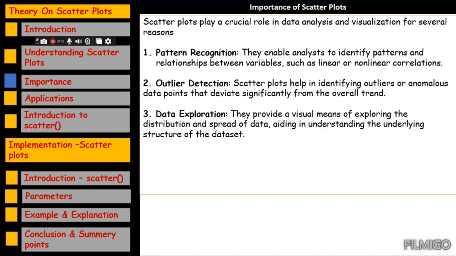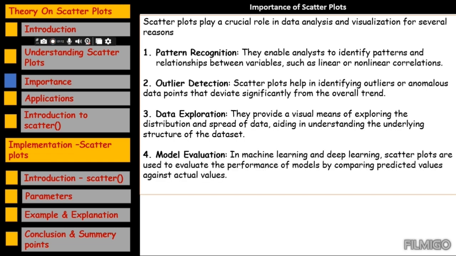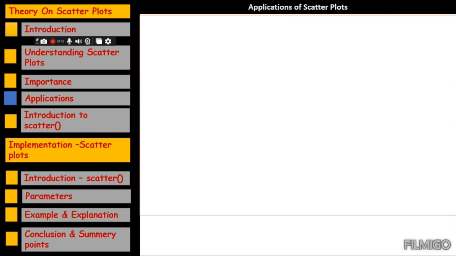Data exploration: they provide a visual means of exploring the distribution and spread of data, aiding in understanding the underlying structure of the dataset. Model evaluation: in machine learning and deep learning, scatter plots are used to evaluate the performance of models by comparing predicted values against actual values.